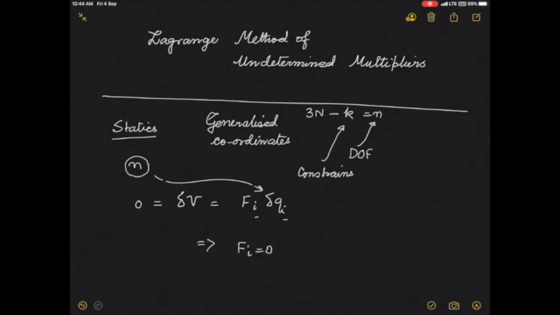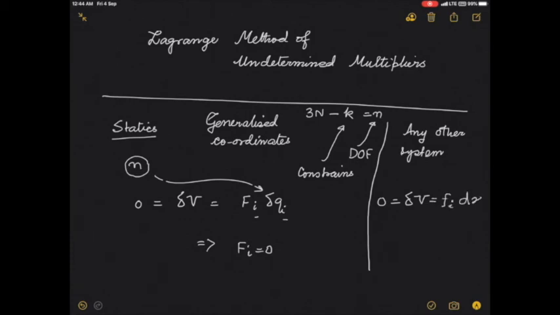If I work in any other coordinates other than generalized coordinates, let us take the example of the Cartesian itself. So I can still write the same principle of virtual work, and we wrote it this way with small f and the delta xi.